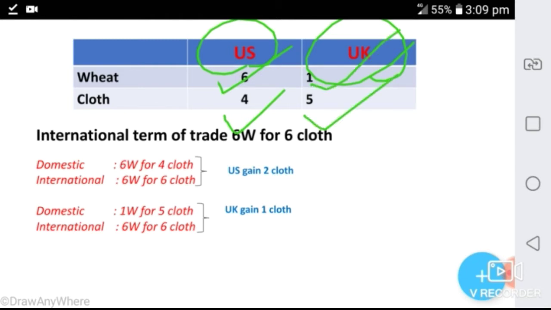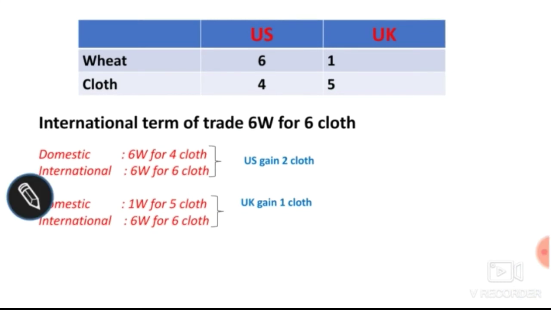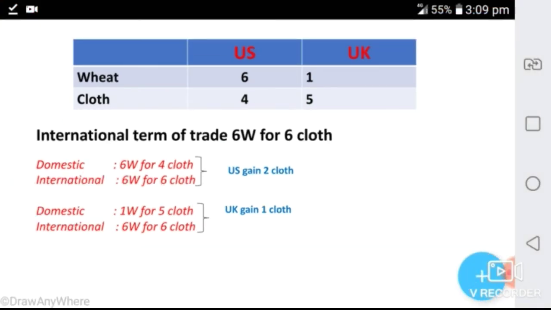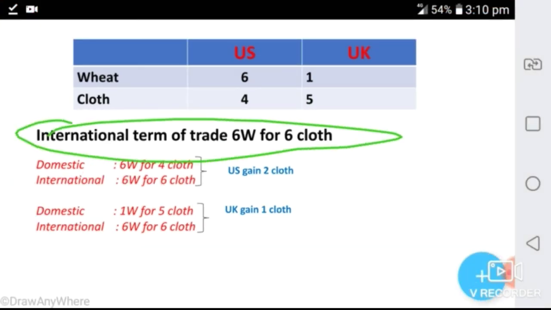Now, we assume the international term of trade is 6 wheat for 6 cloth.